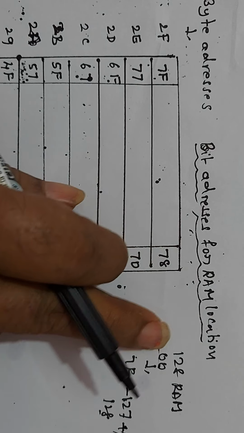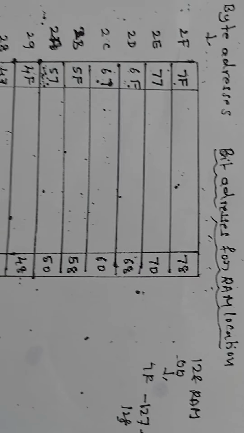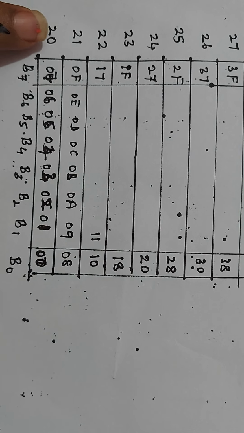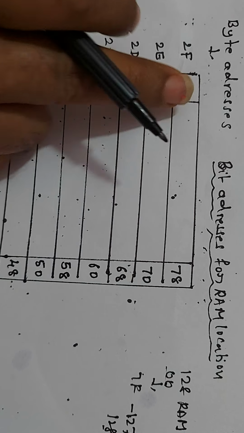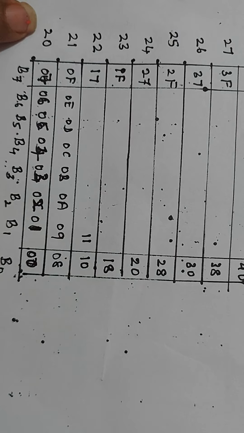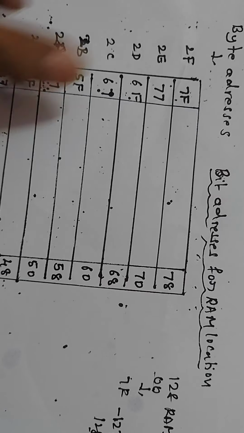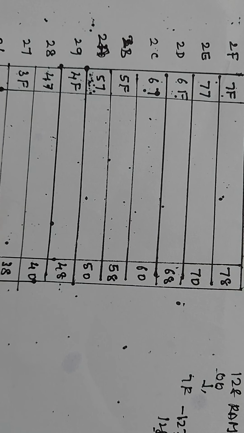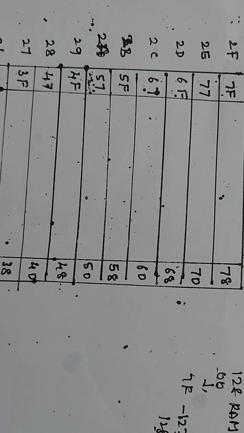Among these, for bit addresses we use the RAM locations 20 to 2F. Only the RAM locations given by the address 20 to 2F are used for only bit addresses. That is, you can change a single bit among those 128 bits.